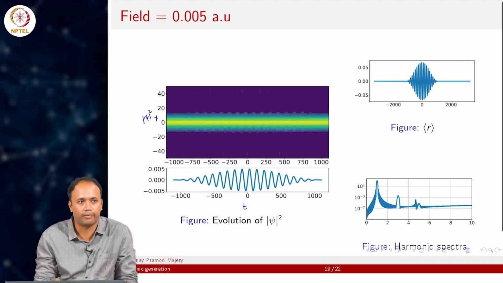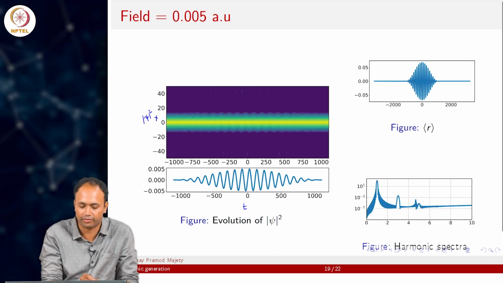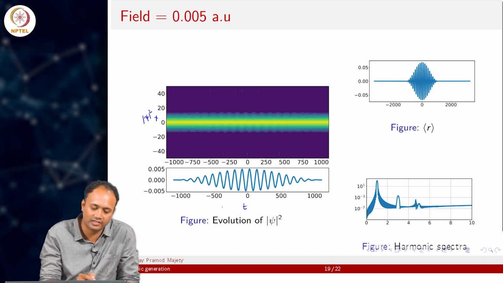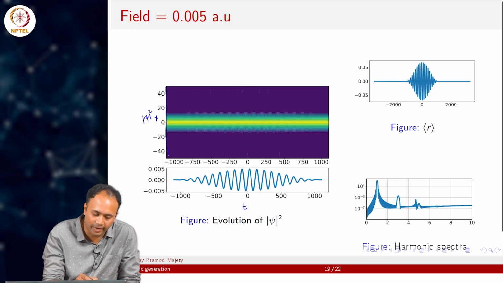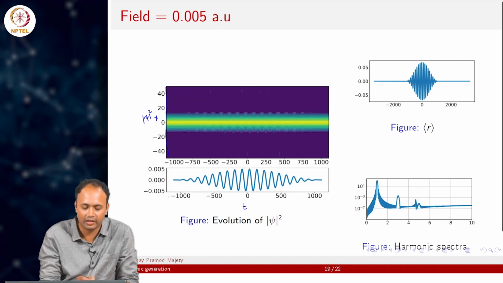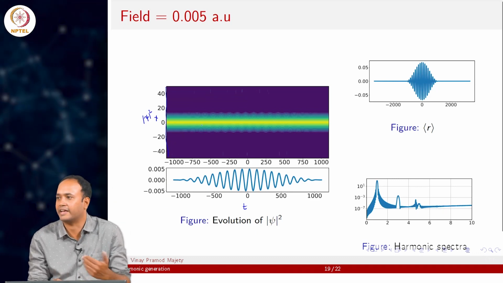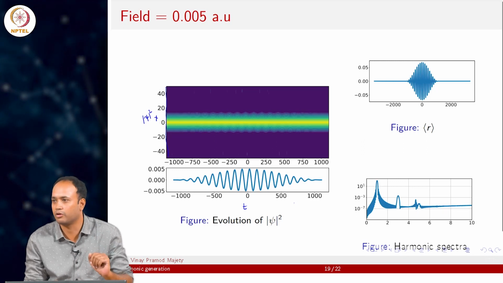I take a very long pulse, okay, and what I am plotting is psi square as a function of time. So how do I understand this? If I start off here where the laser pulse has not yet arrived, so that means the E field is 0, and this is a color coding, so this yellow would correspond to the maximum value and blue would correspond to the minimum value.